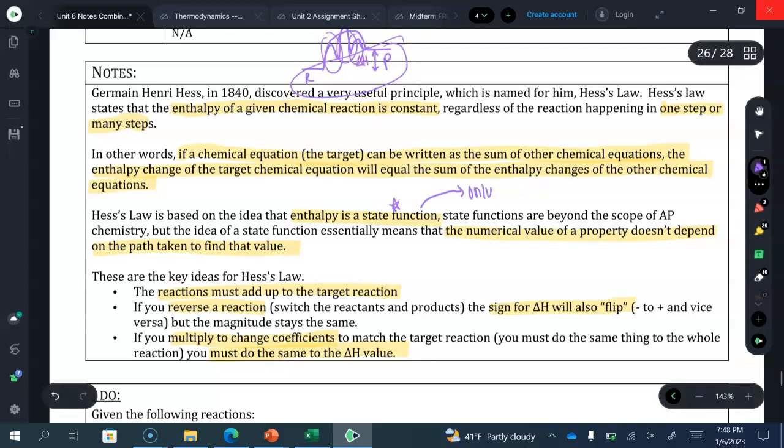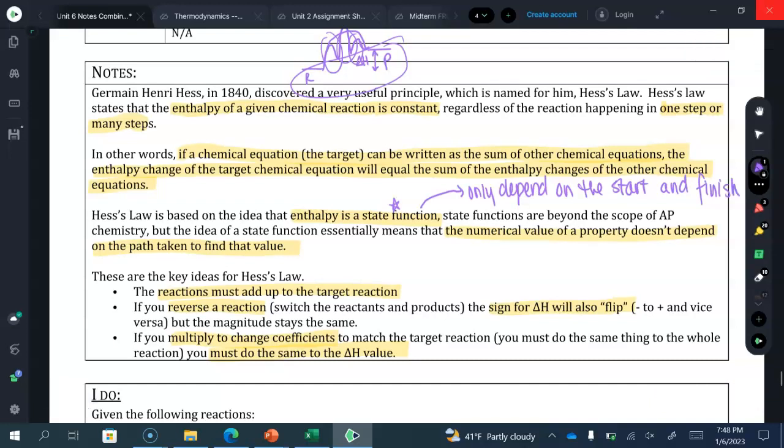So state functions only depend on the start and finish. Enthalpy is one of those because it only depends on the energy of what the reactants are and what the products are. It doesn't depend on how you get there, right?